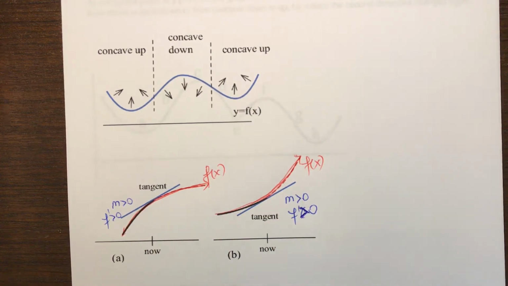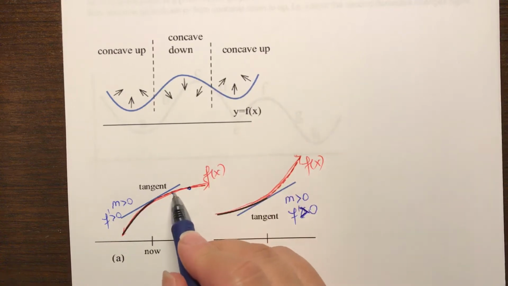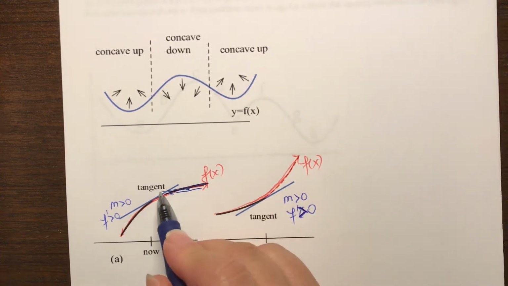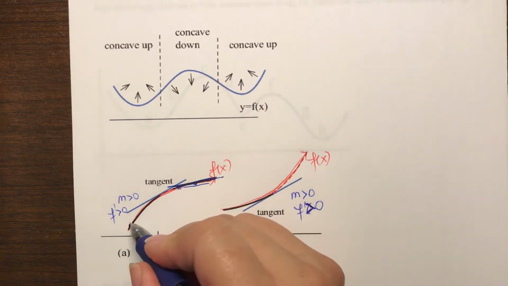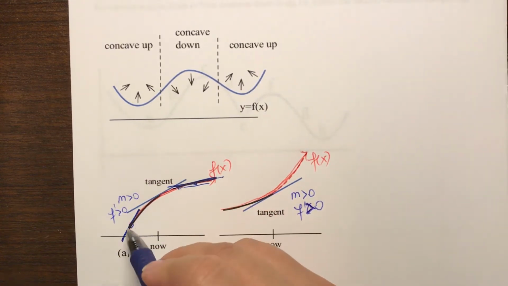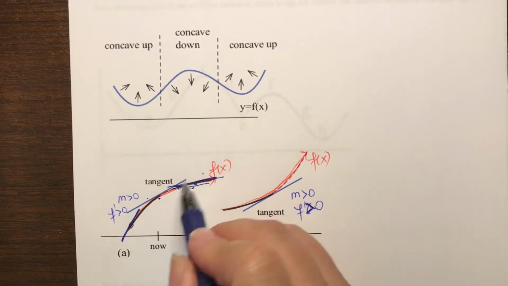And what makes them increase differently is really hidden in the second derivative clue. Look at this tangent line and look at the next tangent line. What can you tell me about the slopes of these tangent lines? Or even if I pick one before, here's a tangent line, there's a tangent line, there's a tangent line. What happens to these slopes?